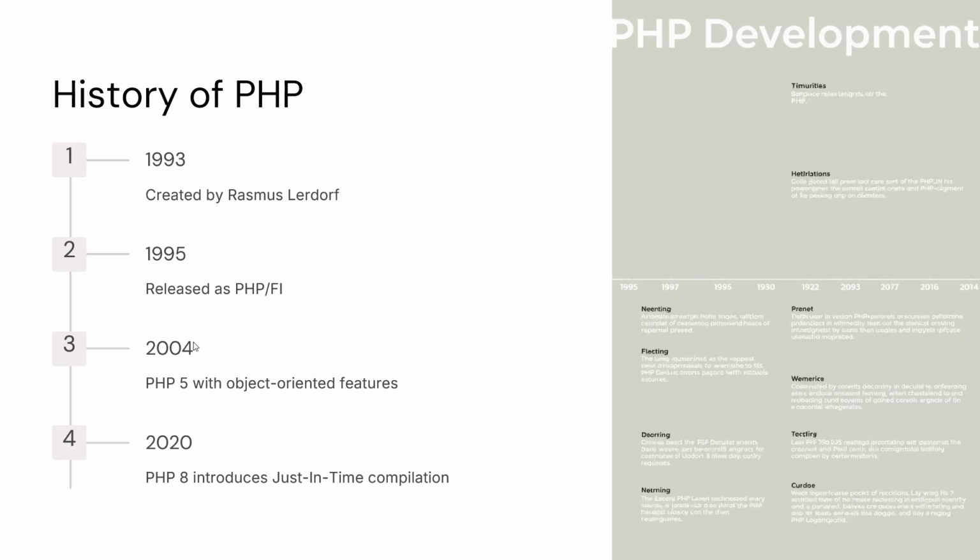In 2004, PHP 5 was released with a new Zend Engine 2, adding robust object-oriented programming features. In 2020, PHP 8 introduced JIT, just-in-time compilation, further improving performance.